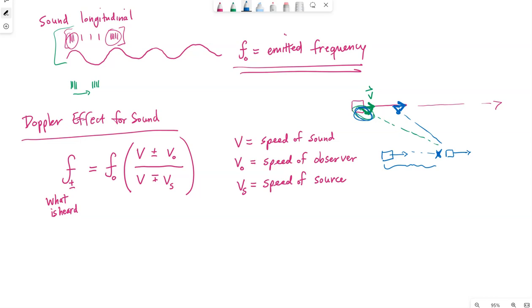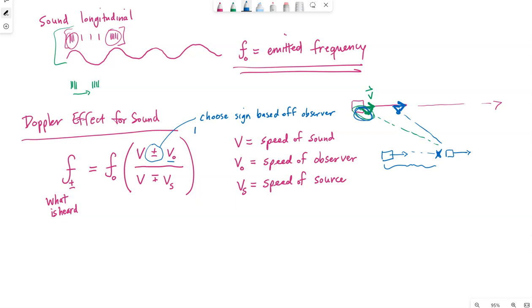Now, in terms of the signs, in the numerator, we choose the sign based off the observer, what the observer is doing. So V sub O is in the numerator. V sub O means the observer speed, so those top signs are based off of the observer.